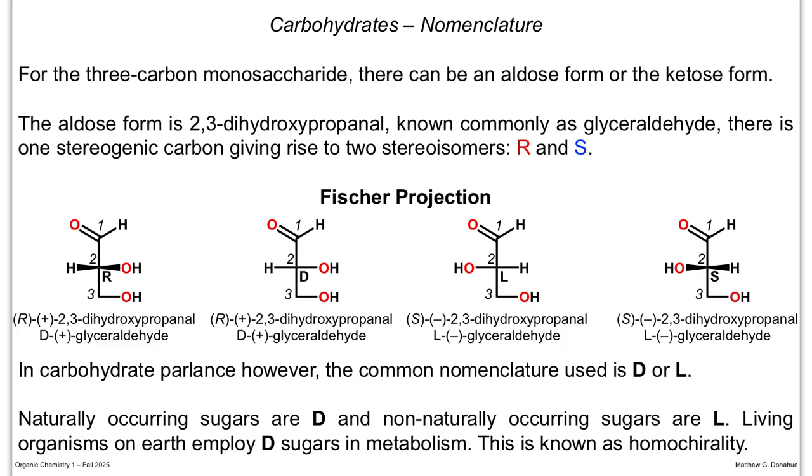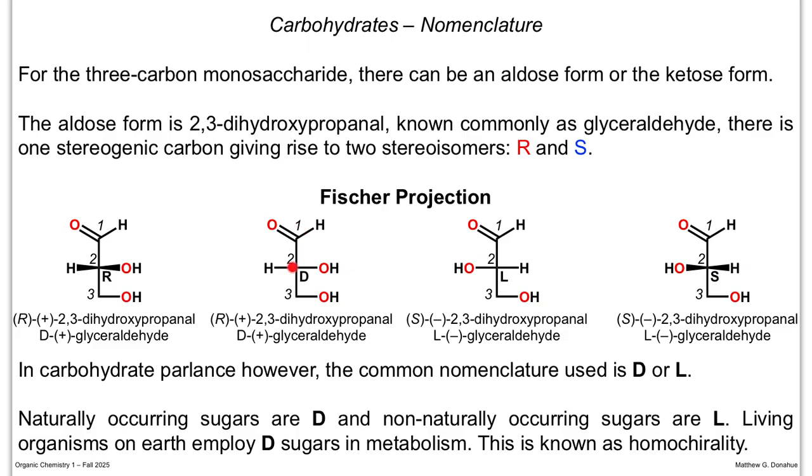So we're going to start from this 3-carbon unit and then build up the carbon chain, and that allows us to see how carbohydrates are synthesized either in nature or in the lab. This molecule in the center here is called glyceraldehyde.